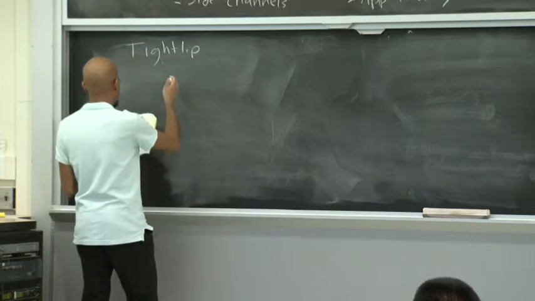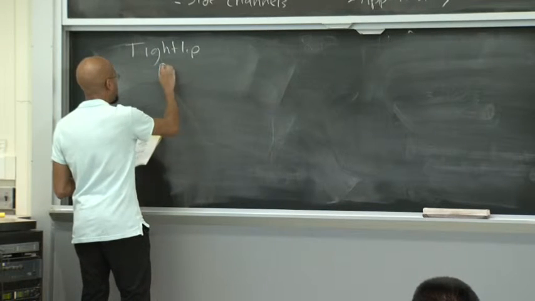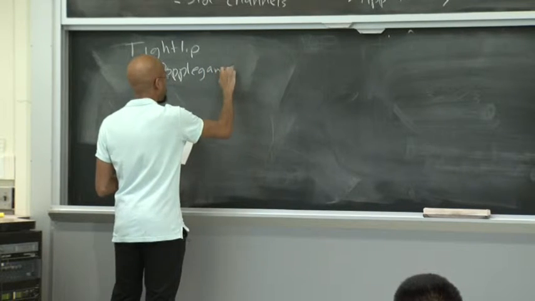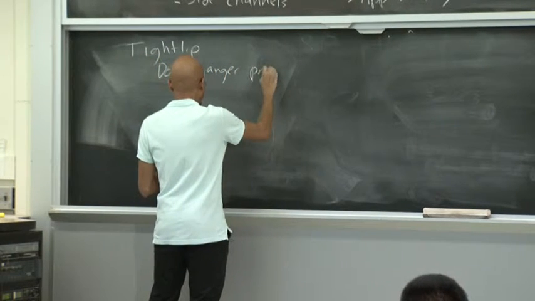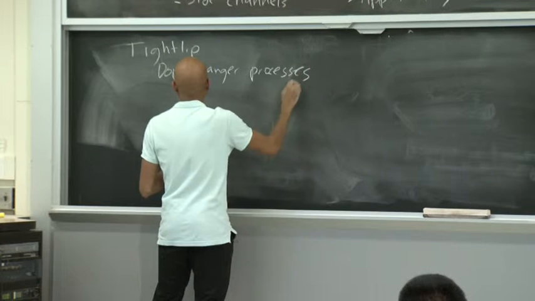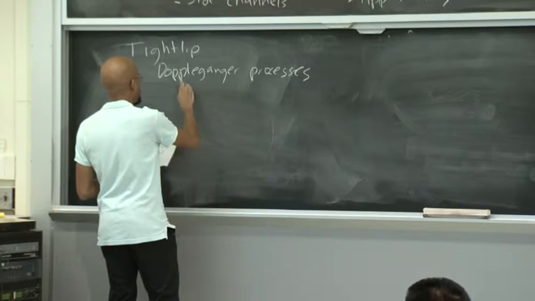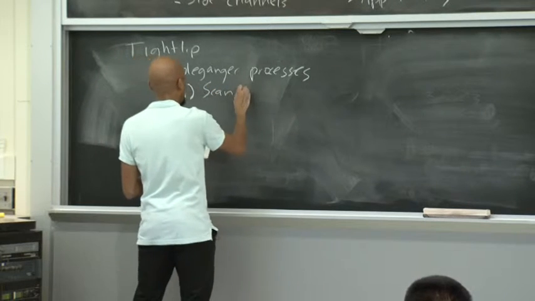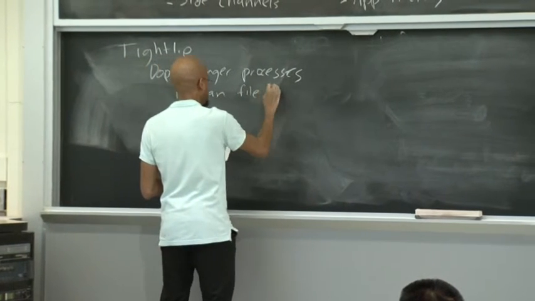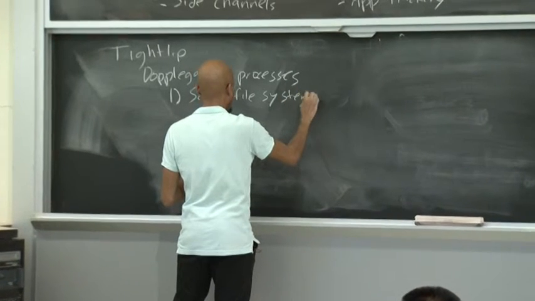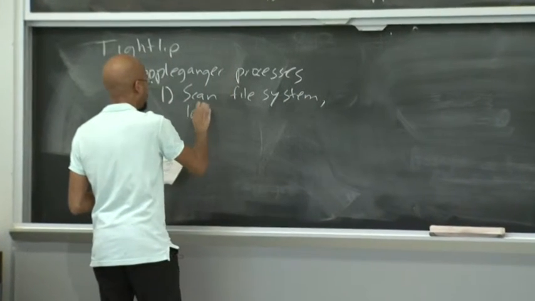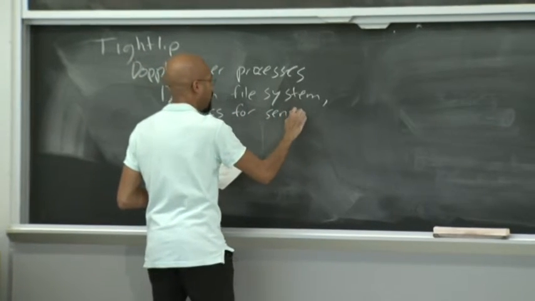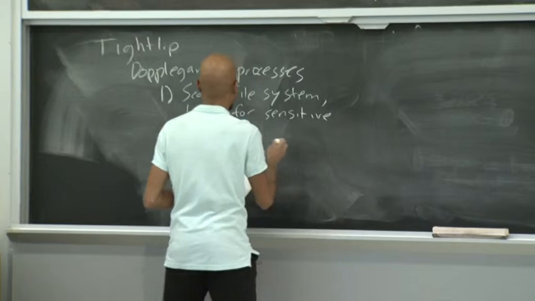The basic idea is they're going to introduce this notion of what they call doppelganger processes. TightLip uses doppelganger processes as follows. The first thing it does is it periodically scans the user's file system and looks for sensitive file types, like your mail file, your word processing documents, and so on.